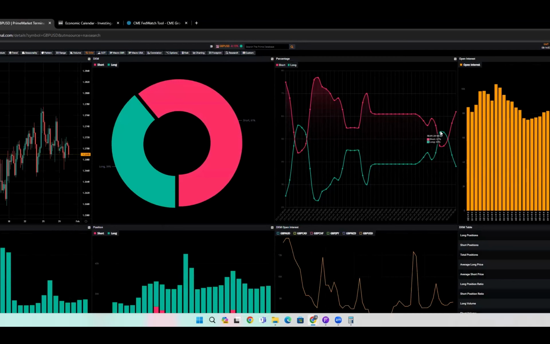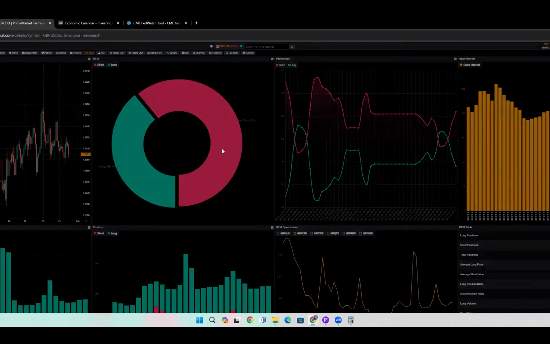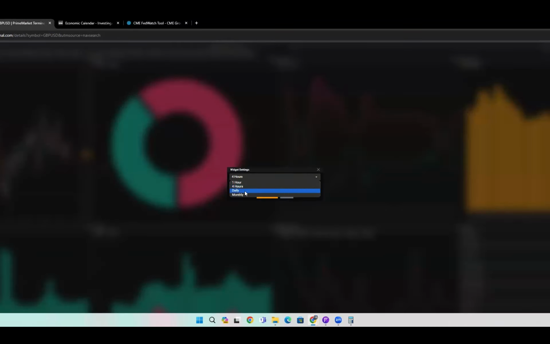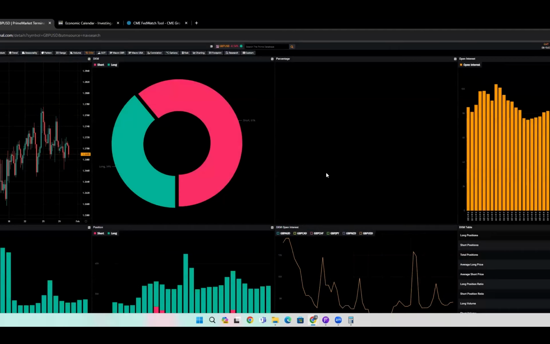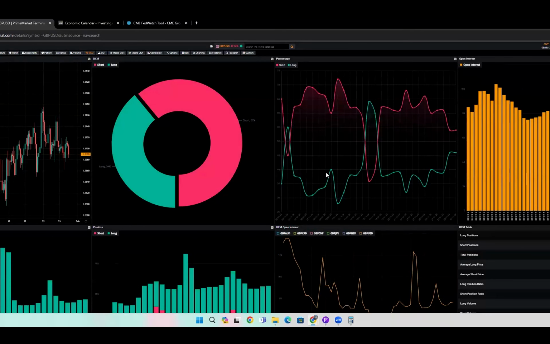Oh, okay, it just flipped again. Anyways, don't worry. This is the 4 hour chart, or is it? What about TradingView? Yeah, the majority is too long.